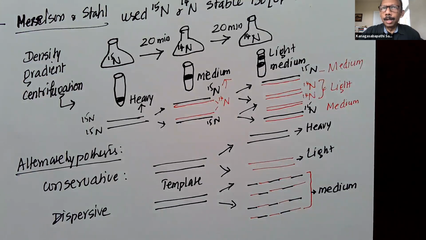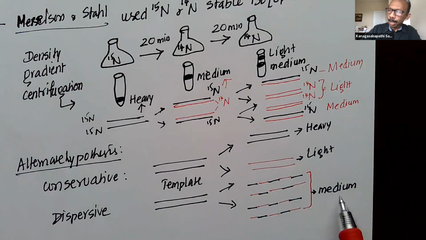Do you all understand the light, medium, heavy band idea? Correct. I think Daniel has answered that it is a medium density is what you expect, like written right here.